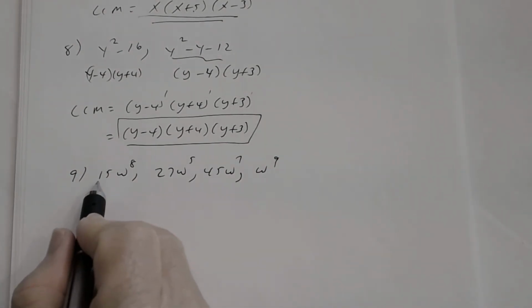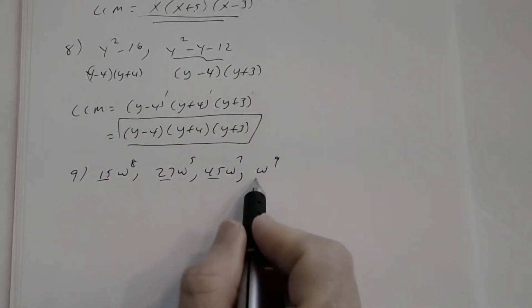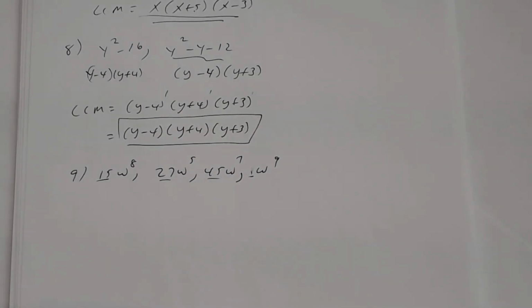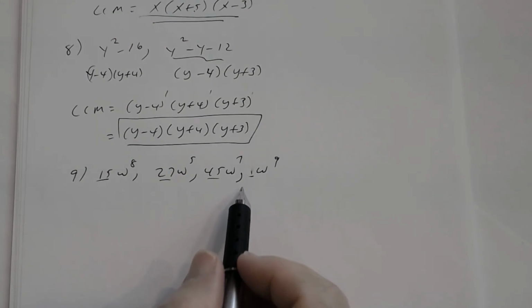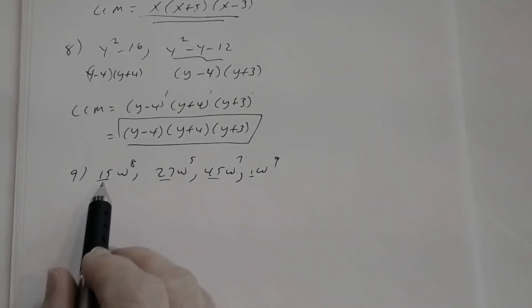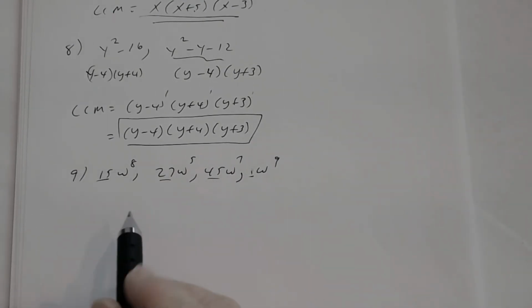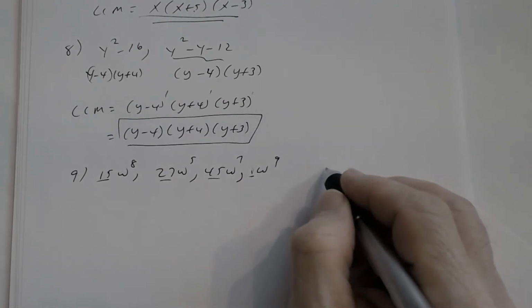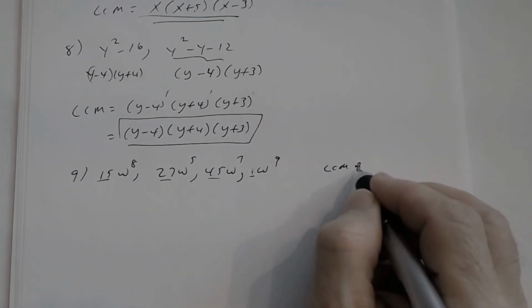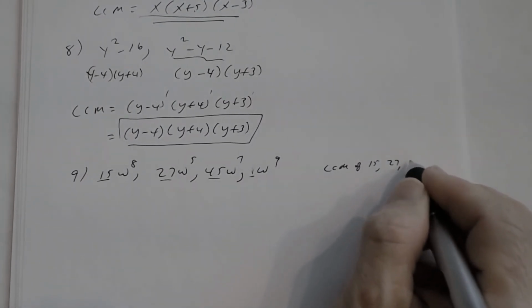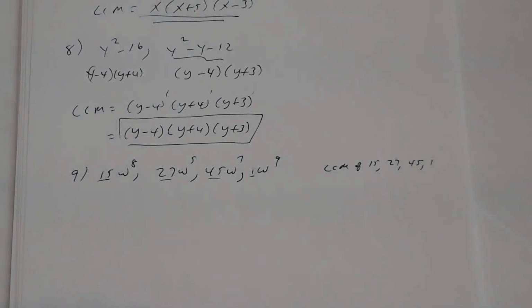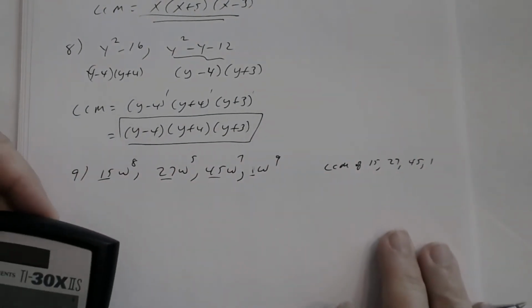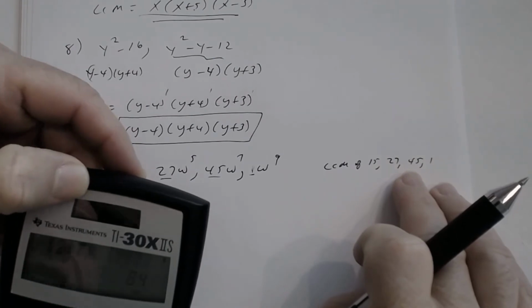So let's look at the coefficients, 15, 27, 45, and 1, right? And so the least common multiple of 15, 27, 45, and 1, we got to figure that out. So you can look at this in terms of looking at the largest first and look at the multiples.